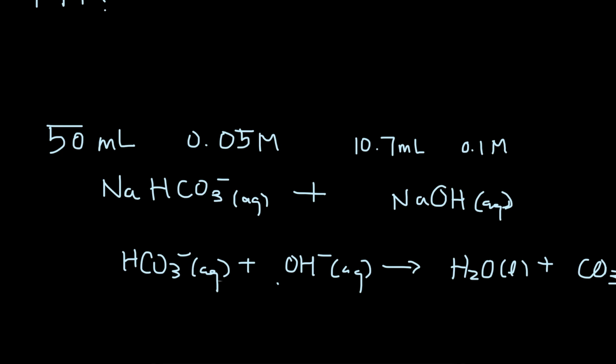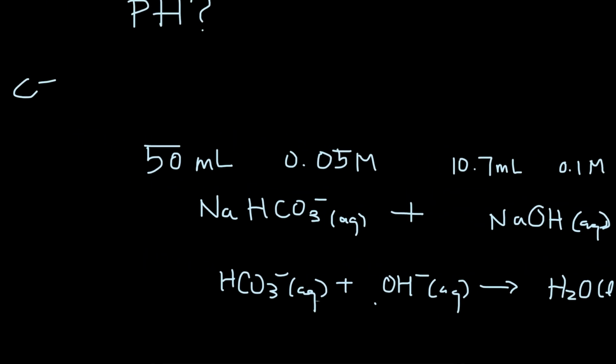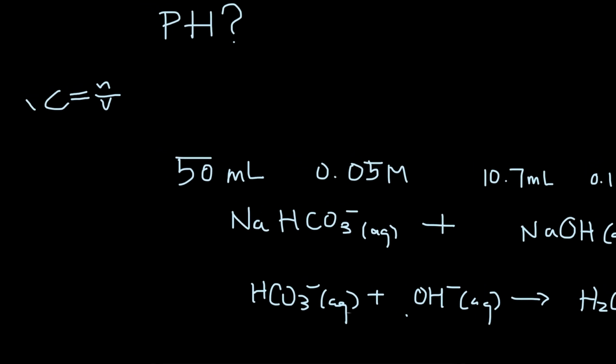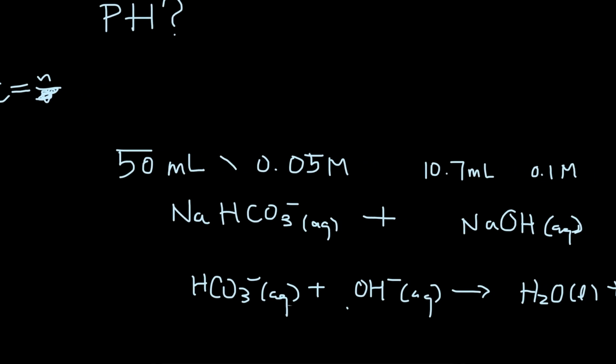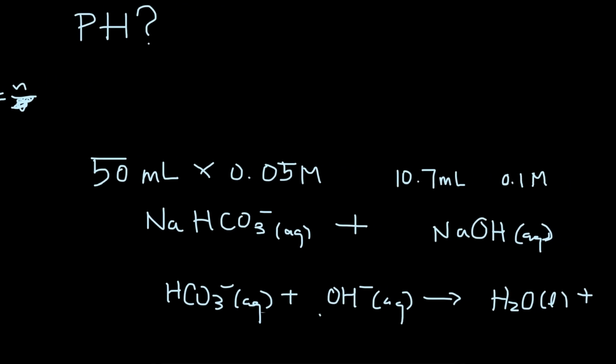Okay, so we're given this information on the top here, and what we can do with this is turn it into moles. Now we know that concentration is moles divided by volume, so concentration times volume is moles. And then if I input this into my calculator, and with this, I'll enter it as liters.